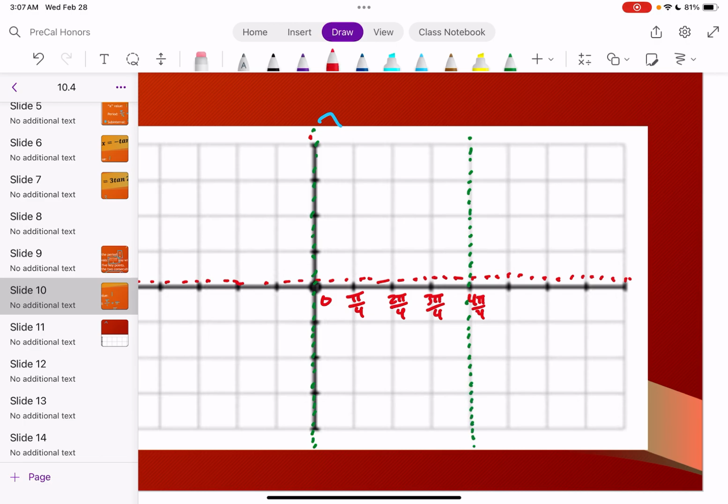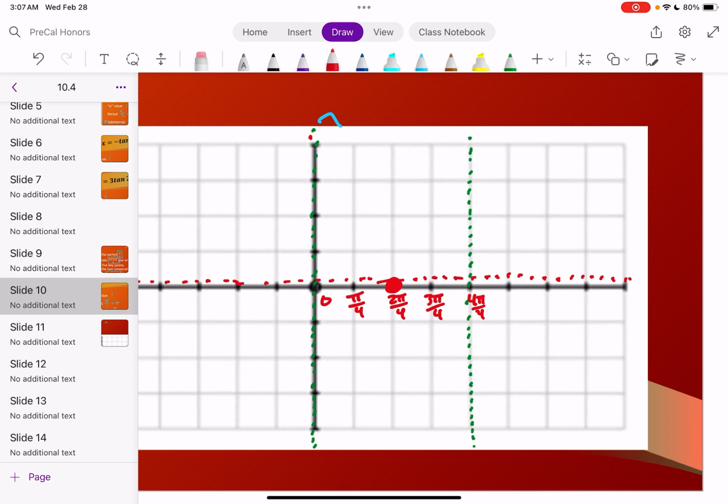You're going to go ahead, find the midpoint on our midline, which is going to be 2 pi over 4. Now, since we are looking at a positive cotangent, rather than increasing from left to right, it's actually going to decrease. So we are going to move to the right 1, and the value is still 1.